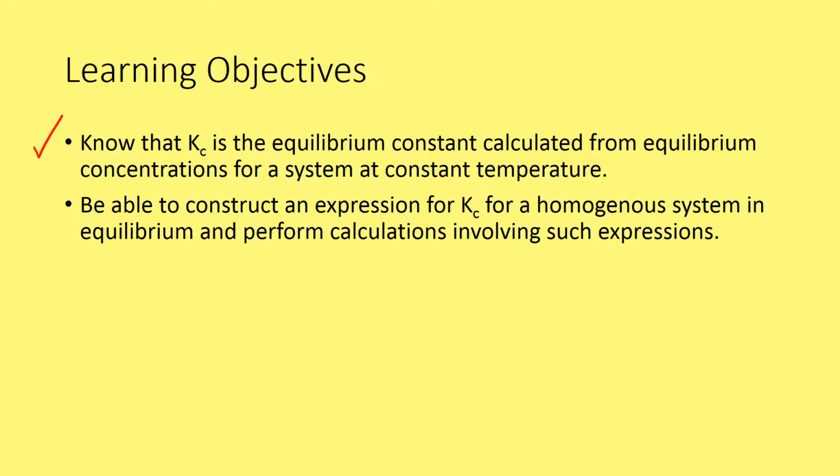And we're also able to construct an expression for Kc with the concentrations of the products on top and the concentration of the reactants on the bottom, with the powers being the moles in the balanced equation. And we're also performing calculations either to calculate Kc from concentrations or to use Kc to work out concentrations involving that expression for Kc. We've done several of those, so I think we're good on that one too.